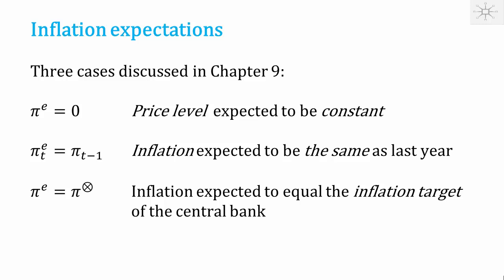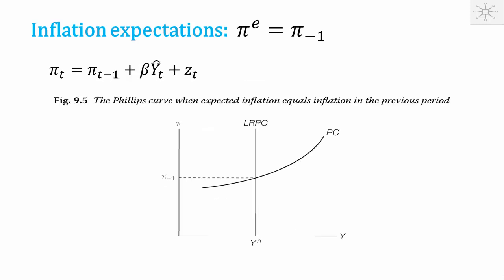I will just very briefly discuss the middle case where people form expectations based on history. So if that is the case, then the Phillips curve takes this form that inflation depends on what inflation was in the previous year, because that is how expectations are formed, and then it depends on the output gap, and then it depends on the cost push shock.